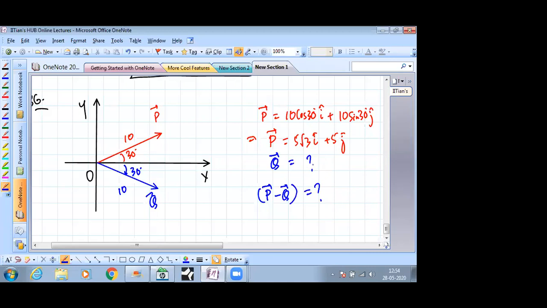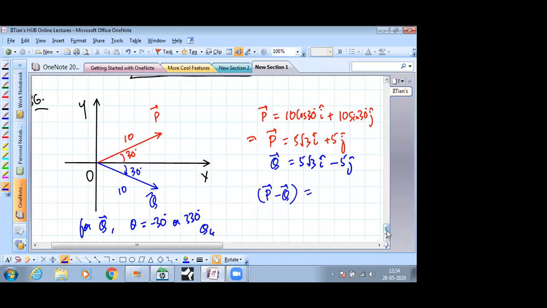Okay. So the vector Q here, when you work it out, you'll see will come out to be 5√3 I cap minus 5 J cap. Because for the vector Q, the angle theta is minus 30 degrees or 330 degrees. It's quadrant 4.